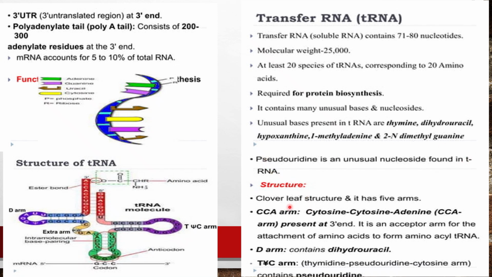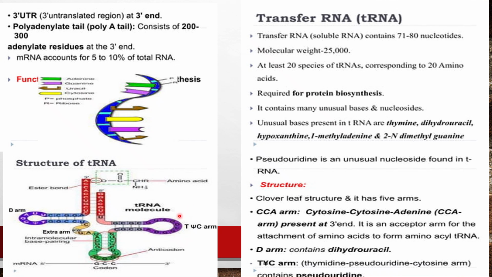Structurally, it is clover shaped. It has 5 arms. The first arm is the CCA arm, which is present at the 3' end. It is an acceptor arm, which accepts the amino acid, and attachment of an amino acid happens through this particular region. Then the second is the D arm, which contains dihydrouracil.